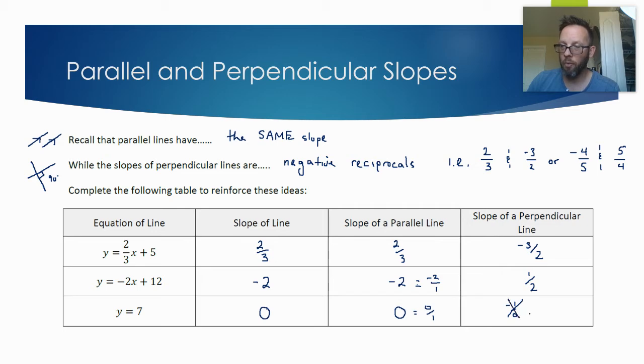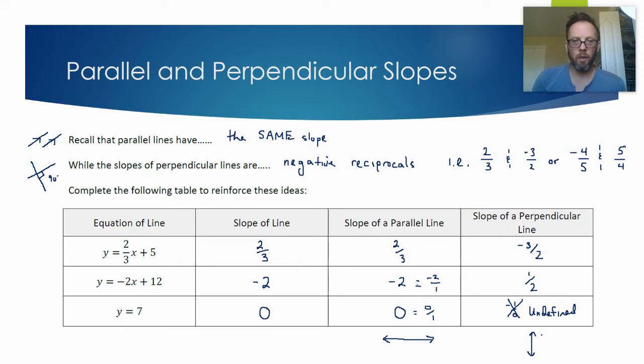So instead, we say that the slope of a perpendicular line is undefined in this case. A slope of 0 is a horizontal line. A line with undefined slope is a vertical line. So it's just one special case where the negative reciprocal idea, you can still use it like I did, turning 0/1 into -1/0. But we usually just say 0 for horizontal and undefined for vertical.